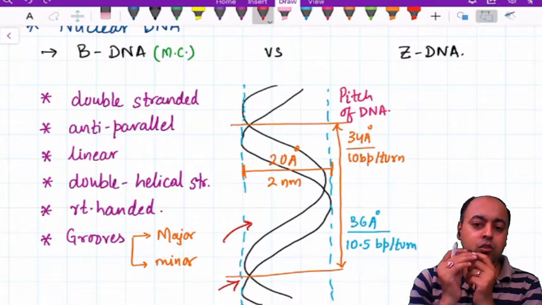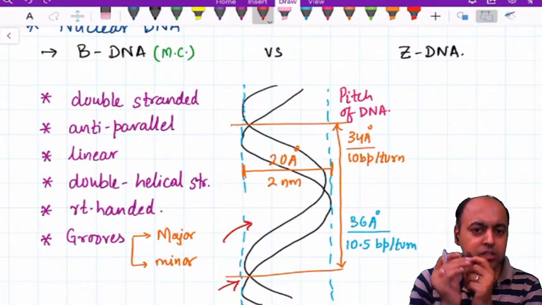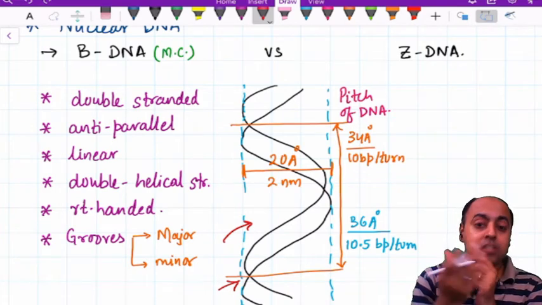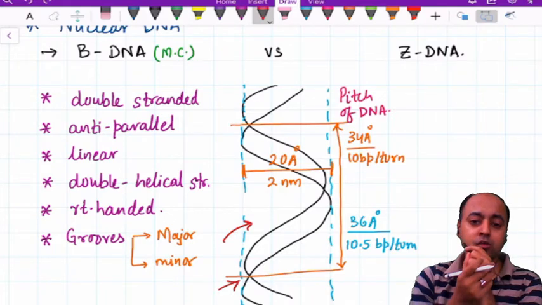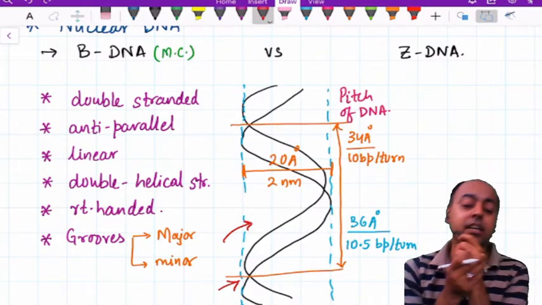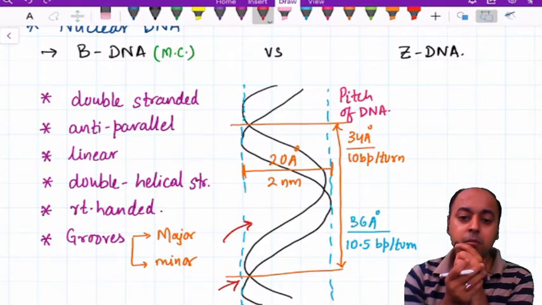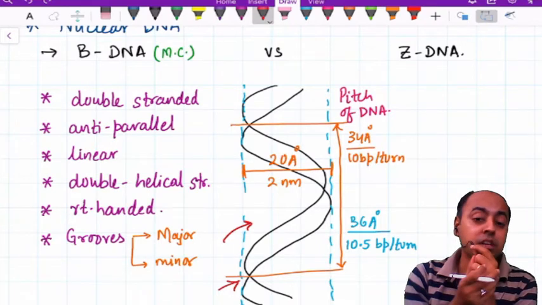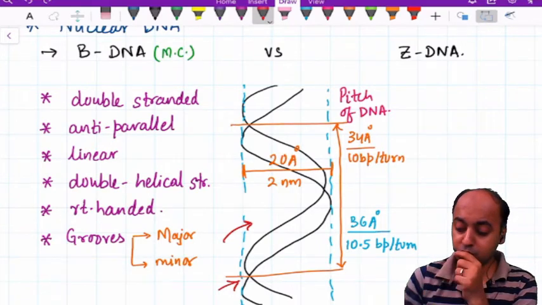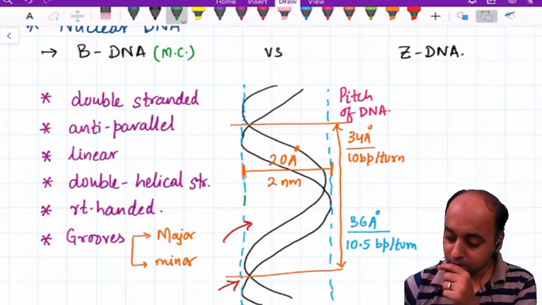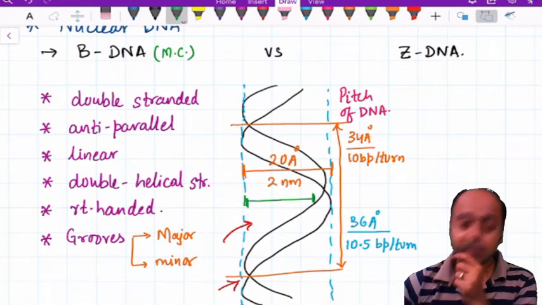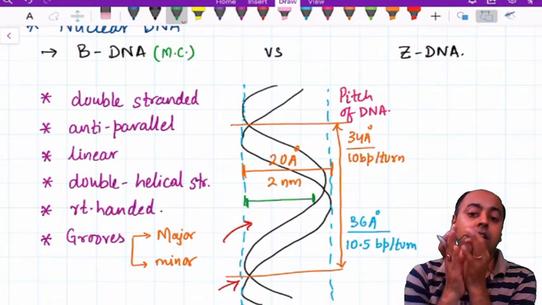Okay, so some additional viva questions which are commonly asked here. What is the importance of the grooves? Why are the major and minor grooves an important property? Why are we highlighting them? See, because of the major groove, you can see the space here is much greater than half the width.